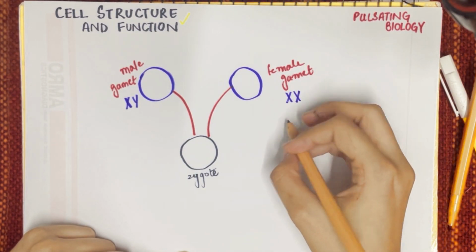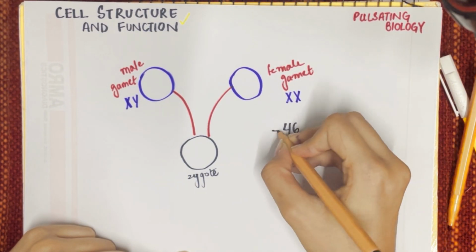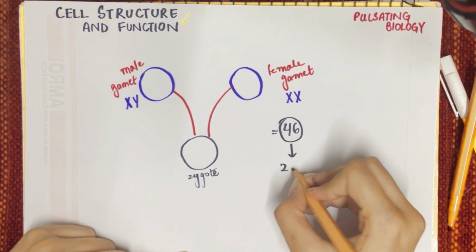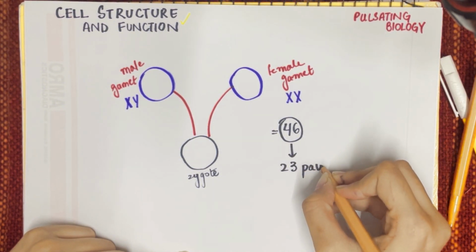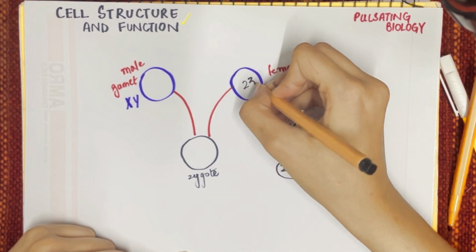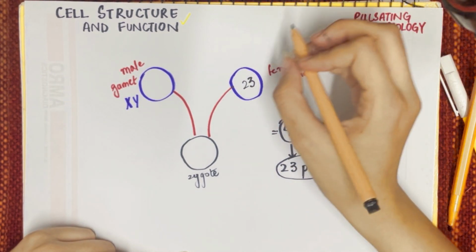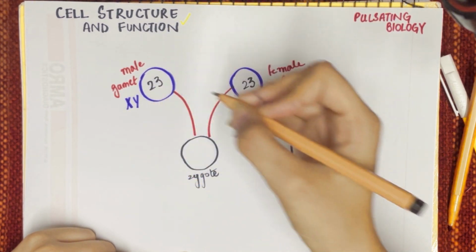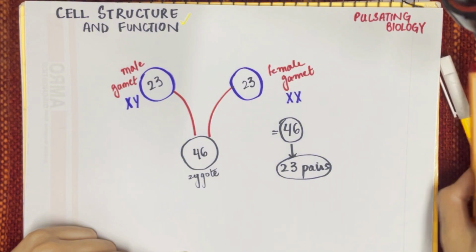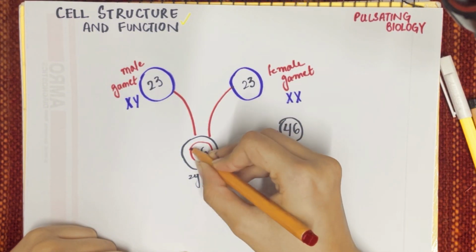The total number of chromosomes in a human is 46, which means there are 23 pairs. So in gametes, we have 23 female chromosomes and 23 male chromosomes that in turn form a new zygote with 46 chromosomes.